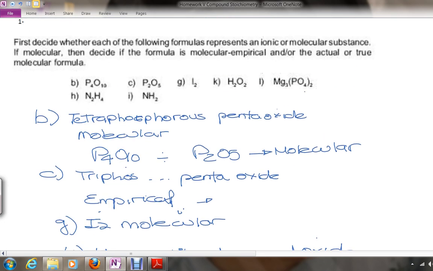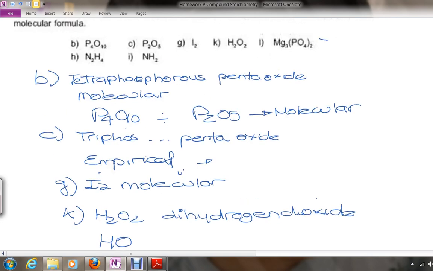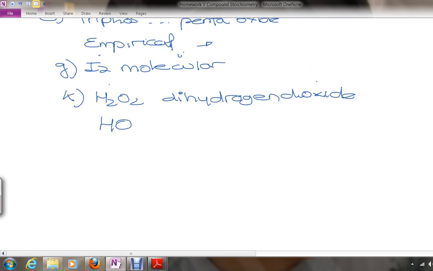Magnesium phosphate. Is this ionic or molecular? Letter L, magnesium phosphate, not sulfate. First of all, it's an ionic compound, magnesium phosphate. It's polyatomic ionic, type 1.